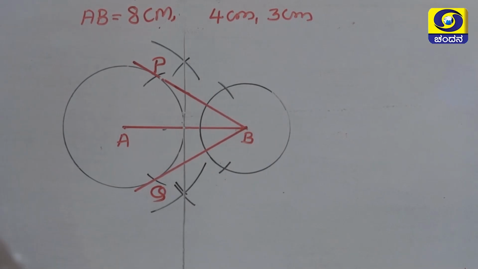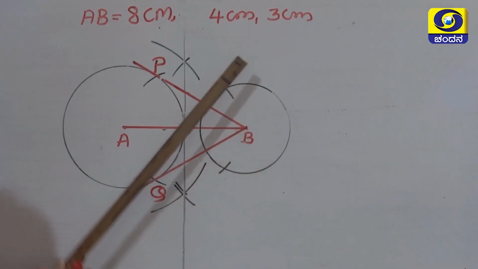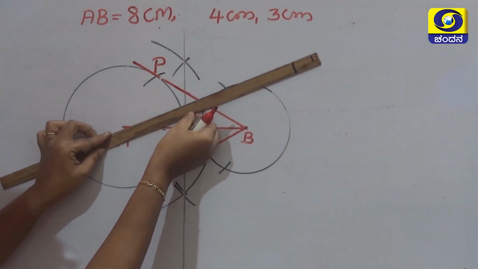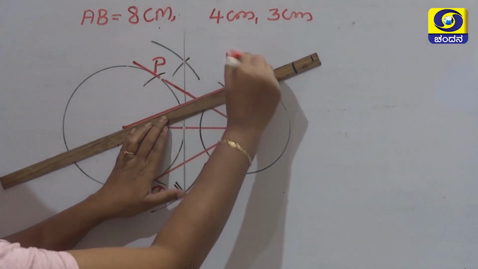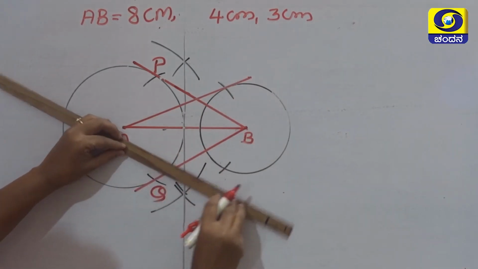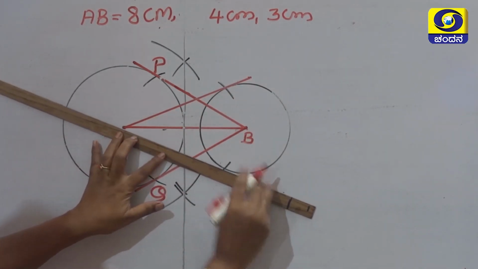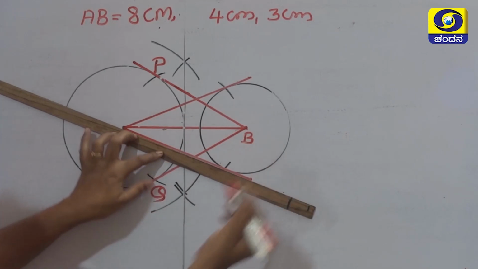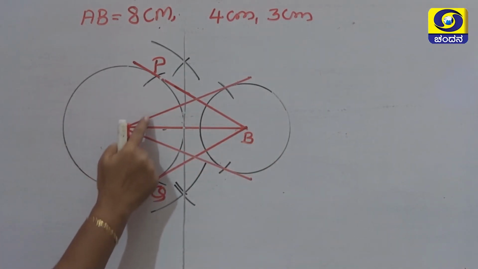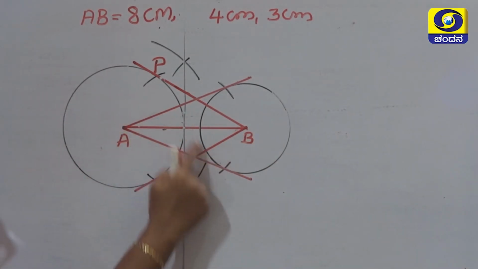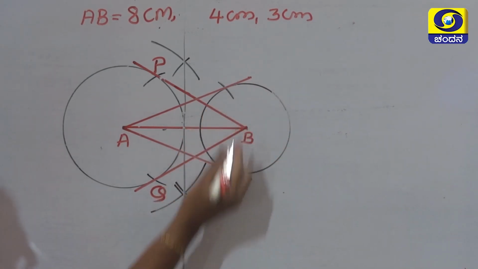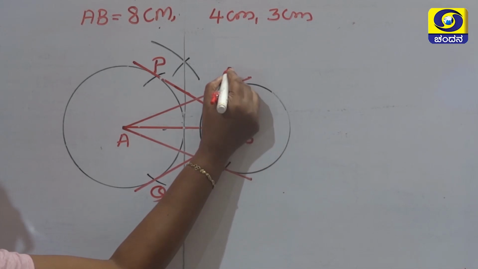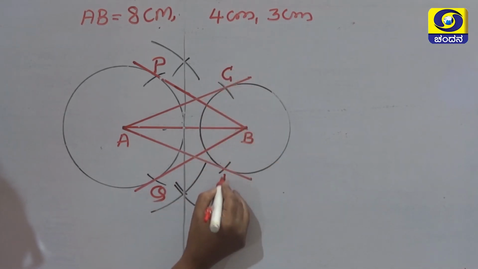Now by joining these marks with A, we will get the tangents in this way. These two tangents are the tangents of the circle of center B. Let us name these two tangents C and D.